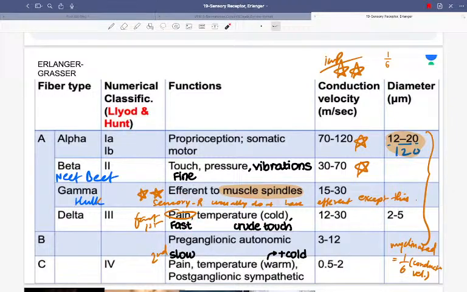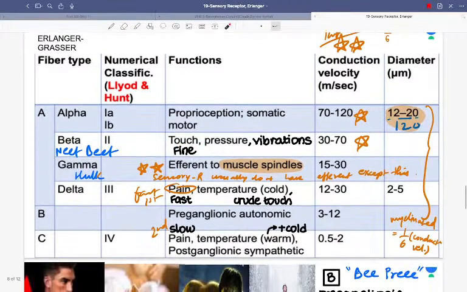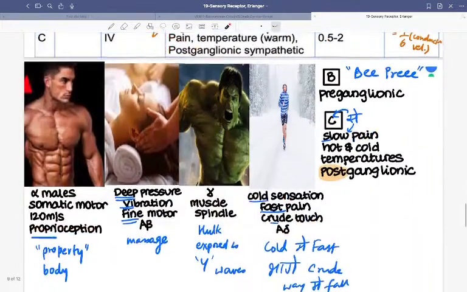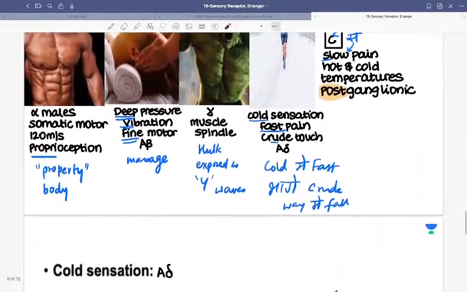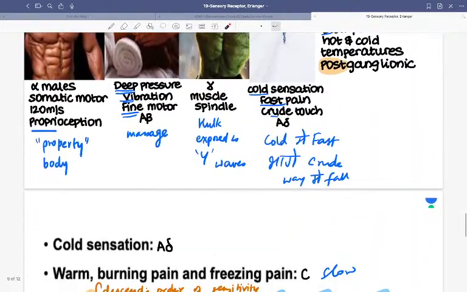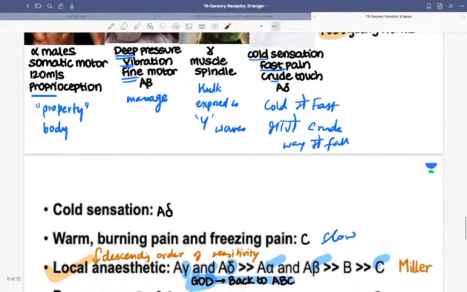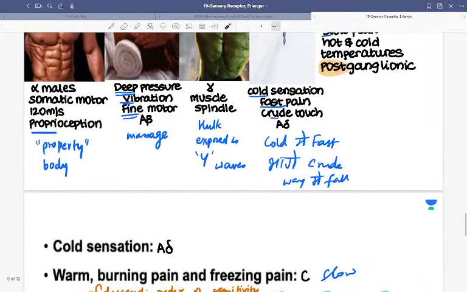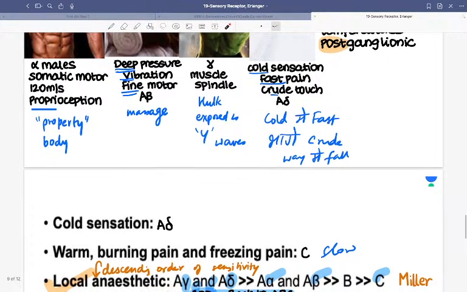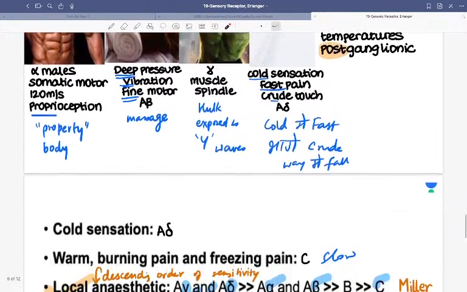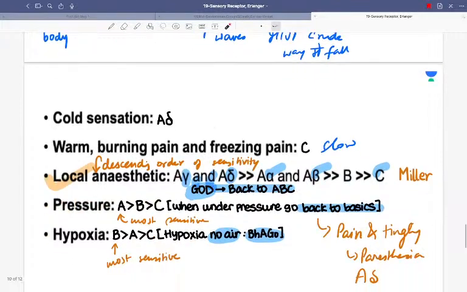So that is the Lloyd Hunt classification. Ma'am had given a very nice mnemonic about the alpha male and deep pressure: when you want to do massage, and muscle spindle, Hulk was exposed to gamma waves and so on, and touch, temperature and cold sensation is delta. So that is it. Crude and slow.